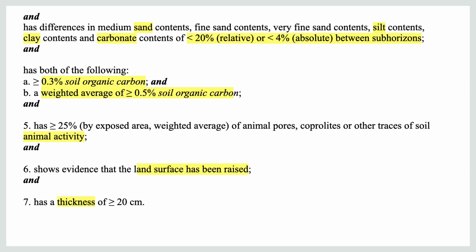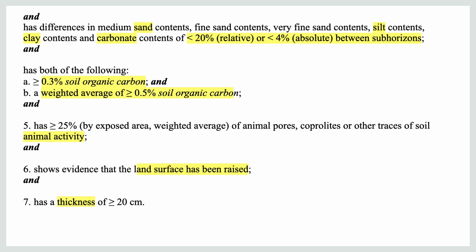The geographic horizon should also register only small differences in sand, silt, clay, or carbonate content between subhorizons, lower than 20% in a relative way or 4% in an absolute way.